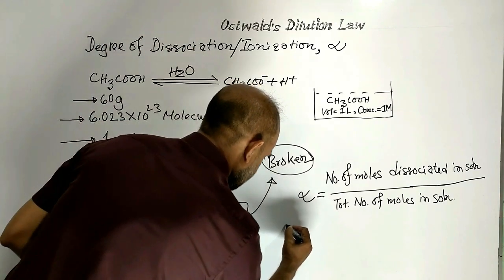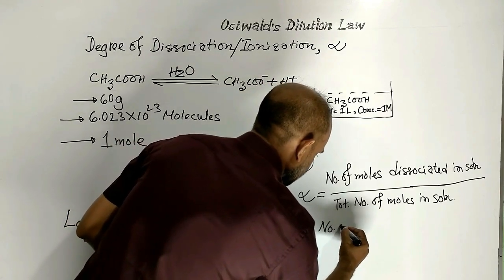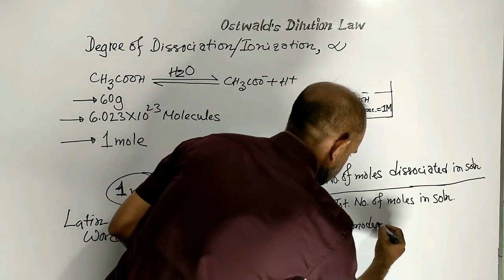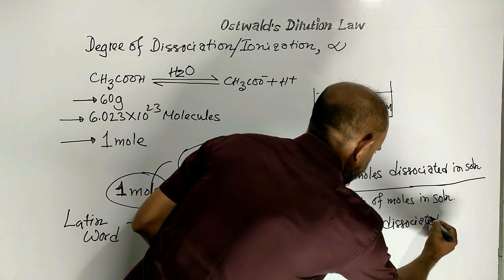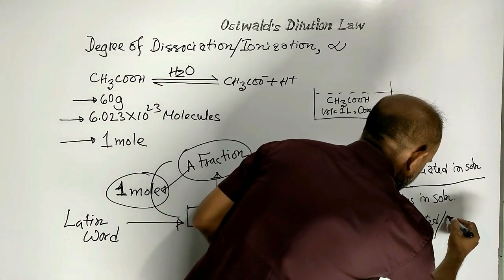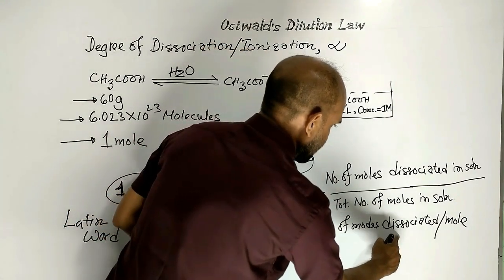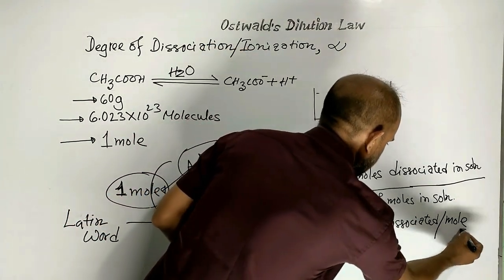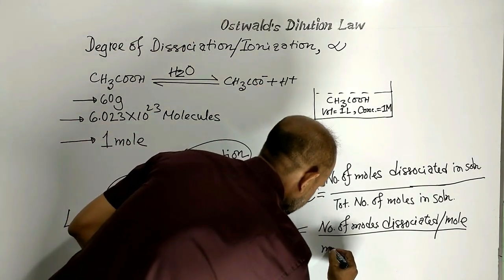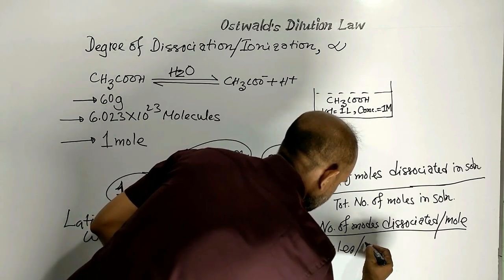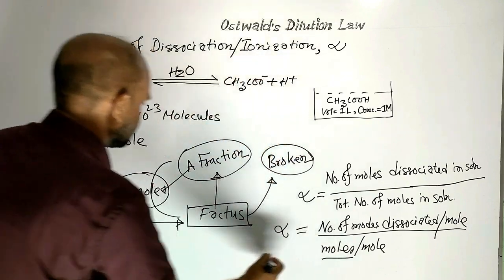That is, actually degree of dissociation is number of moles dissociated from 1 mole. This is degree of dissociation. That is simply moles per mole. Here, this is moles.